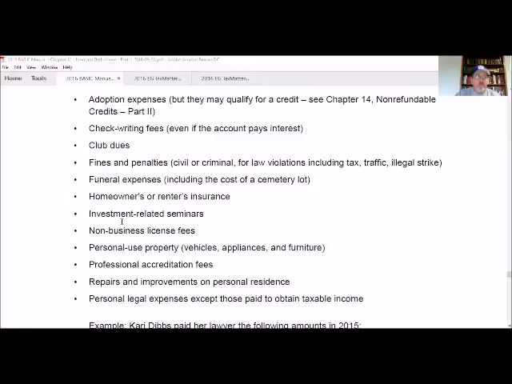As far as investments, attending seminars to understand your investments is not an investment expense. The investment expense would be on your brokerage statement. You might have something where you get charged per transaction. So if you're getting charged $7 every time you do a transaction, and you're kind of a day trader who buys and sells on your own, or if you're charged by your broker, those are things you can put on there, but not seminars.